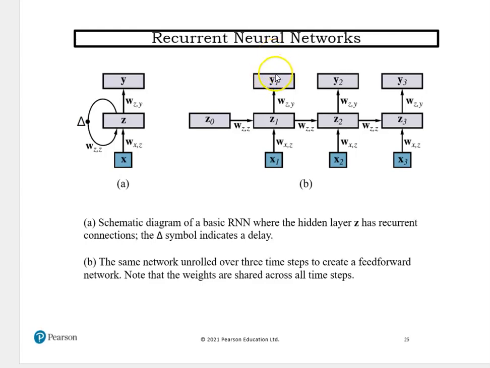We can do many things with it. Then the hidden layer Z1 will have a weight to impact the next hidden layer Z2, the next value for the hidden layer at time step 2, and so on. So X1, X2, X3, all of these, we call them unrolled because they are across time steps.